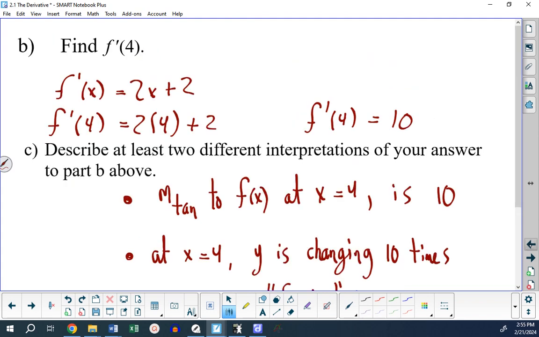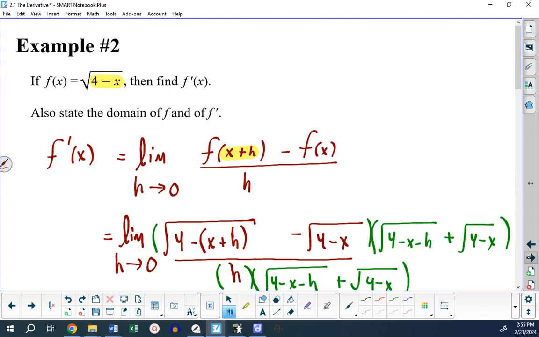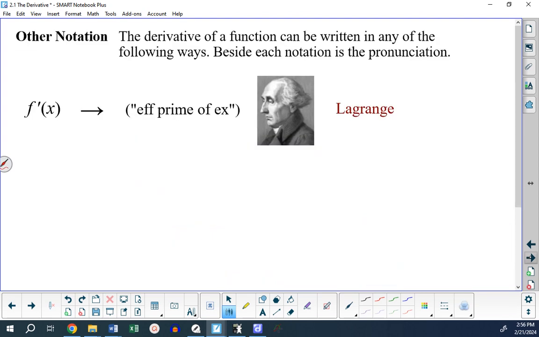And that's my point in asking us to find the domain of both the function and the derivative. Just because a function has a particular domain doesn't mean the derivative exists everywhere in that domain.